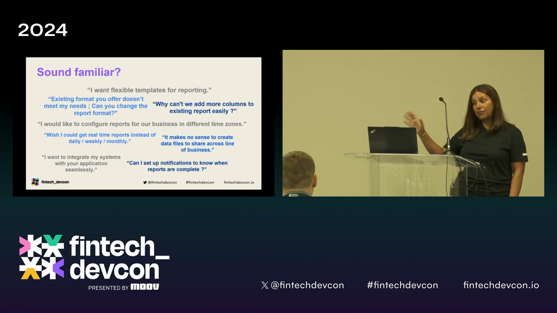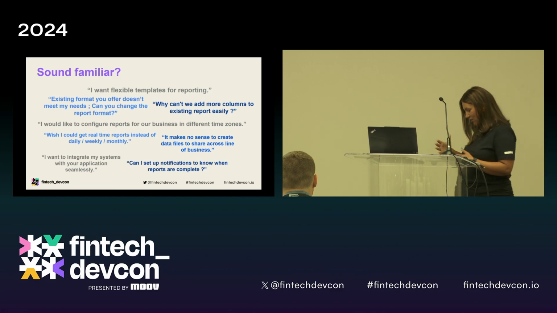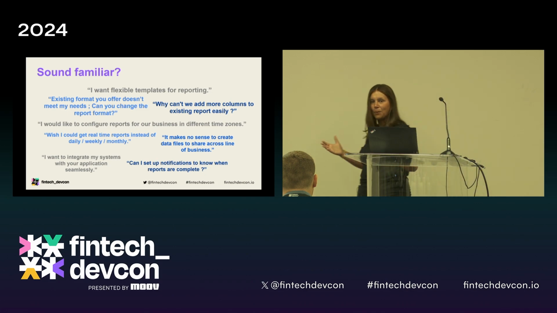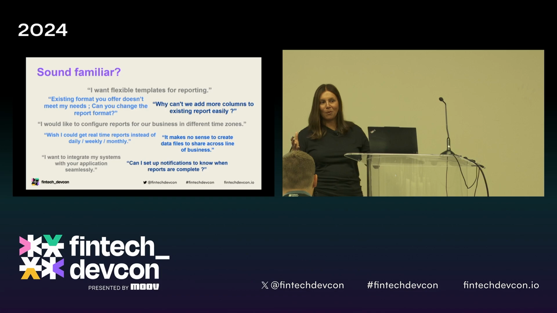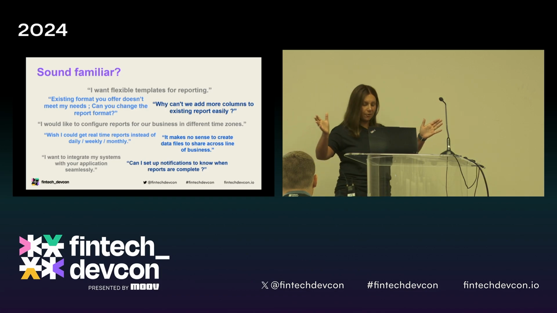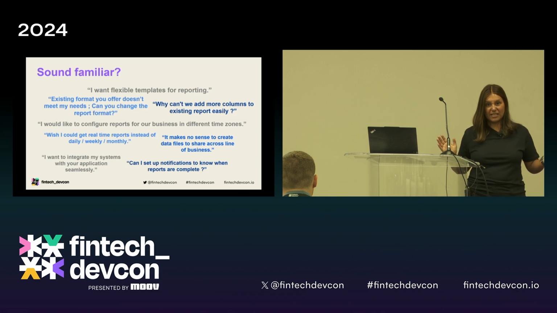But if you think about old school reporting, people generally think that there is a MIS team that sits somewhere who knows what kind of data our clients want, and every day at 9 o'clock in the morning, there is a report that gets sent out. Now, the assumption is made that everybody wants the same report at the same time, right?